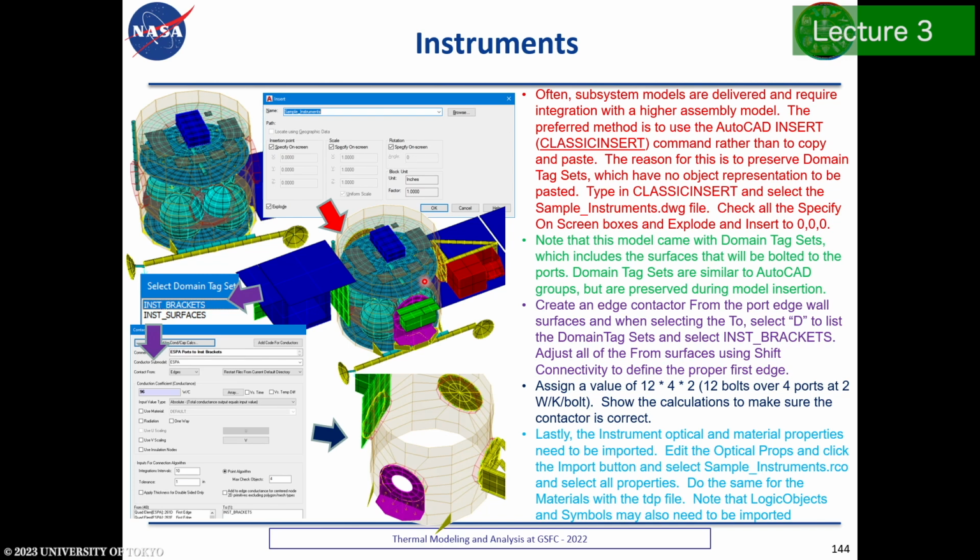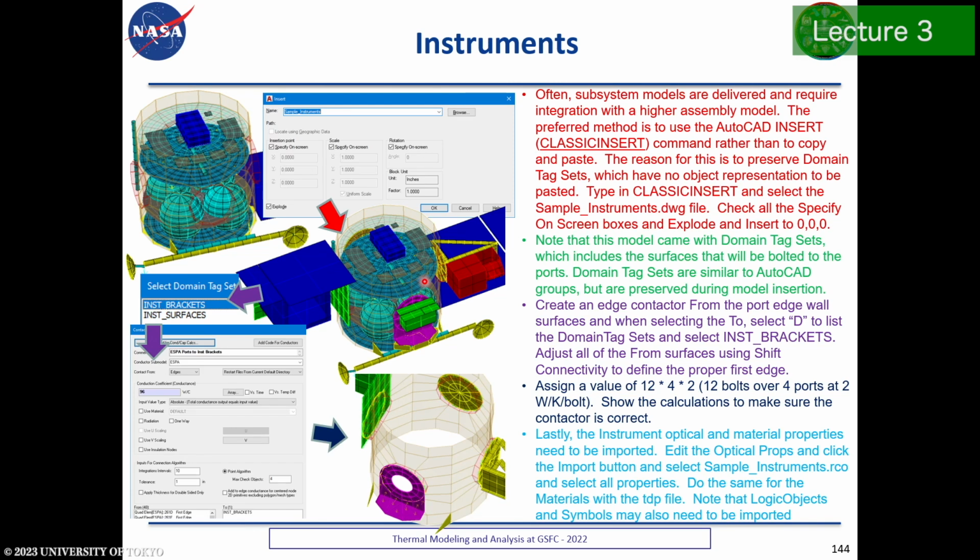So I make sure that where I've got an interface, well, this is mapping to the structural counterpart to that, and this is mapping to the structural counterpart, and I don't have to worry about whether the structural counterpart here is grabbing a thermal part here, because there's a slight offset or mismatch between them. So we use tag domain sets extensively when we're doing our mapping between structures and thermal models to make sure that we're getting the right thing mapping to the right thing each time.